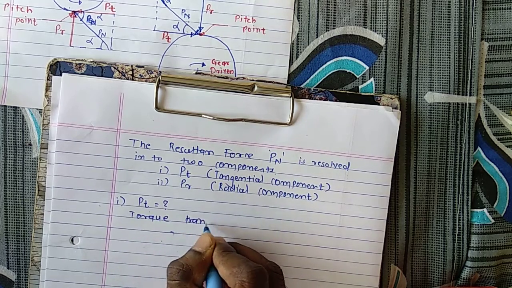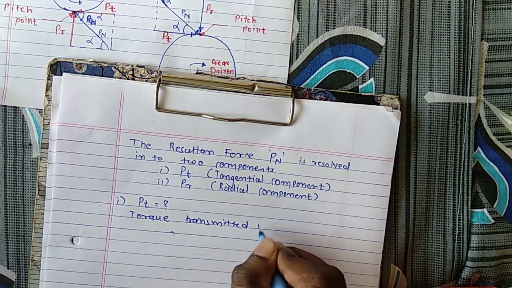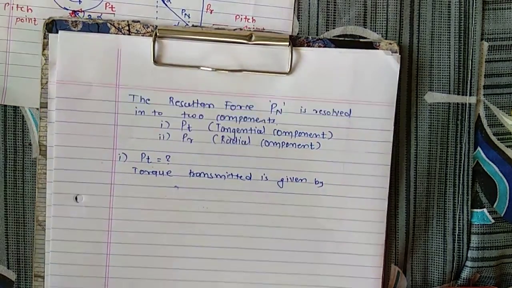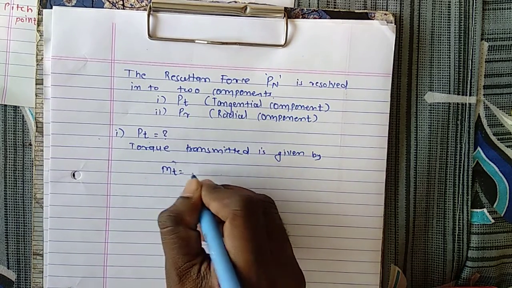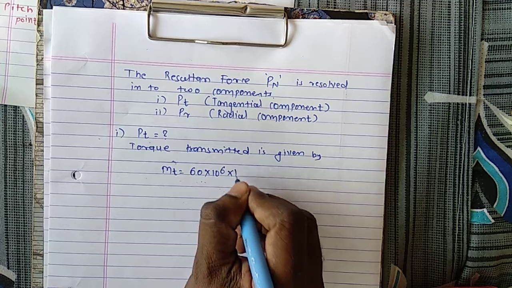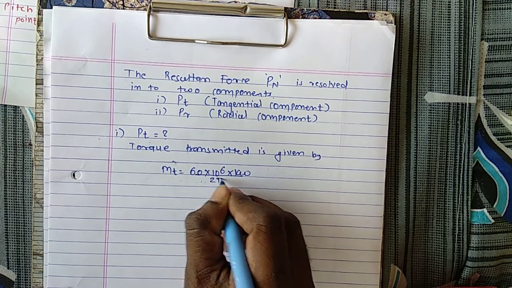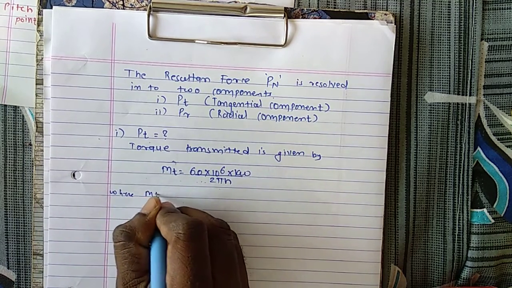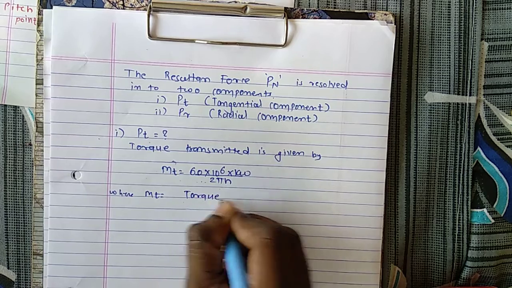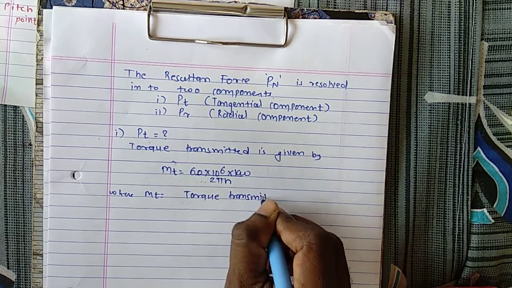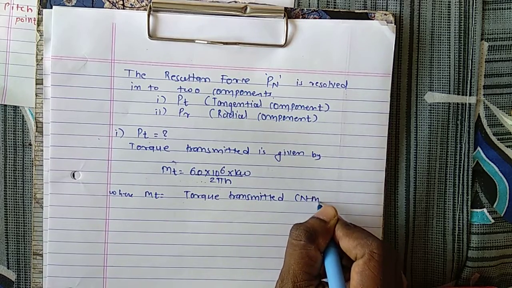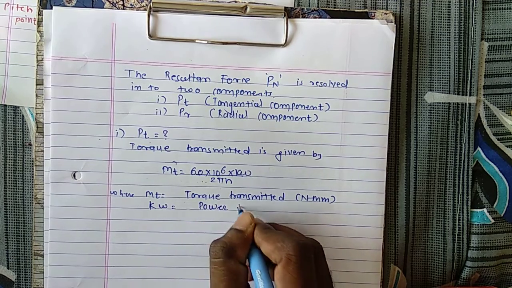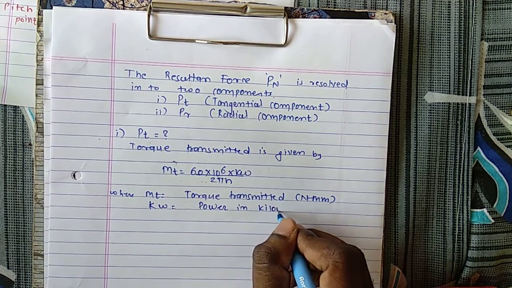the torque transmitted is given by the equation. So what is the equation of torque transmitted? Mt is equal to 60 into 10 raised to 6 into power in kilowatt divided by 2 pi N, where Mt is the torque transmitted, and we are taking it in Newton mm. kW is power in kilowatt.